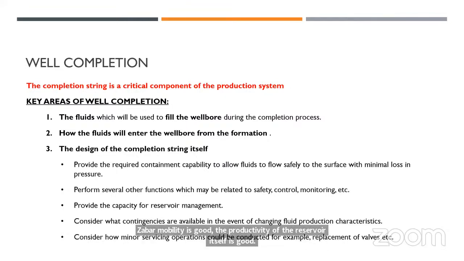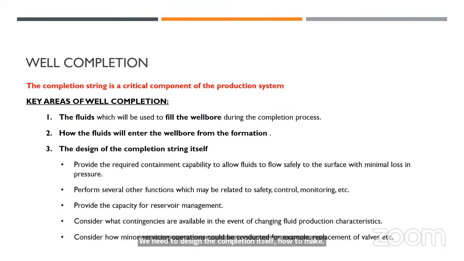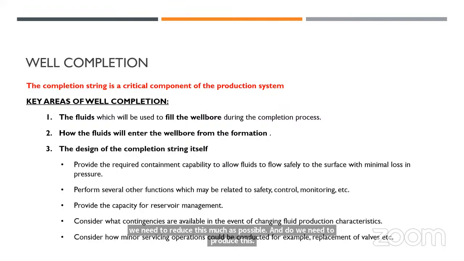We need to design the completion itself, how to make our completion string or our tubing safe to produce these fluids. Safety is a major factor here, to provide the capability to allow the fluid to reach the surface safely with minimal loss in pressure. We know that as long as fluids come up to the surface, some pressure losses happen, so we need to reduce this pressure loss as much as possible, and we need to produce this oil or liquid safely till reaching the treatment facilities.